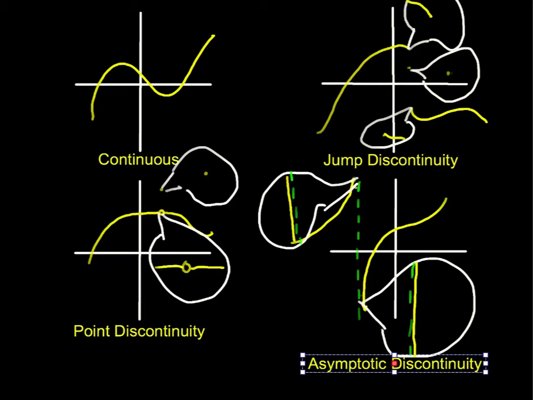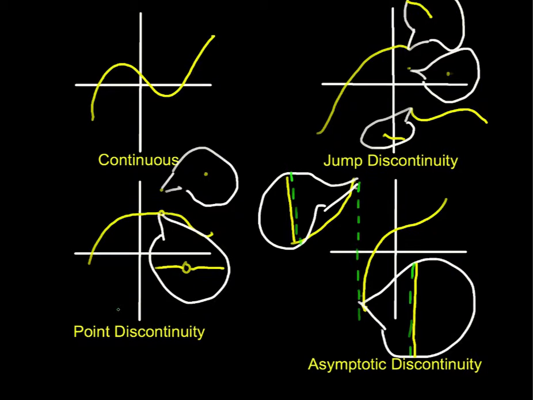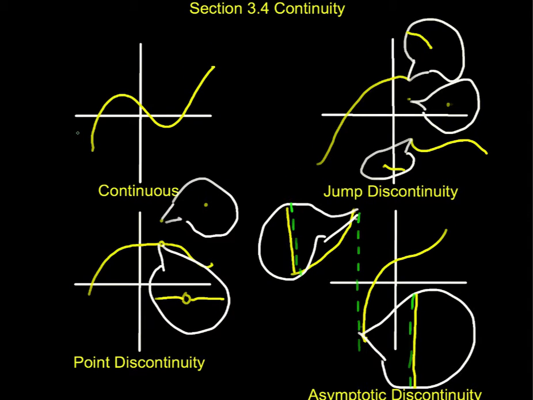So these are, as I said, continuous functions. Again, your intuition is that it's nice and smooth, there's no jumps, no holes, no asymptotic behavior. So, well-behaved functions. The majority of the functions you've worked with in your mathematical career have been nice continuous functions.